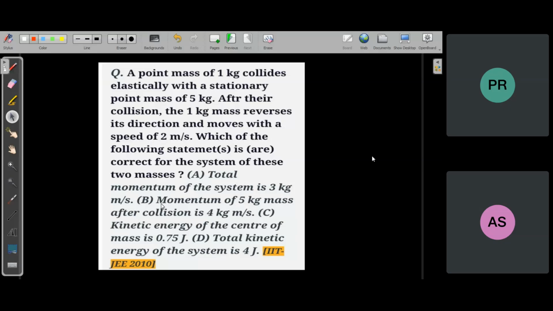Sir, momentum is 3 only, sir. Time taken is 0.7. A, C, sir.